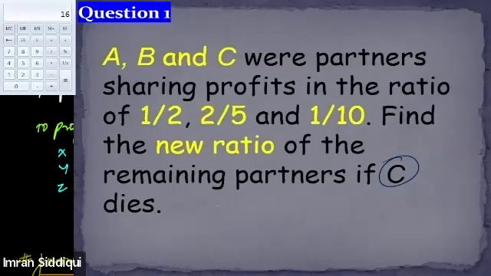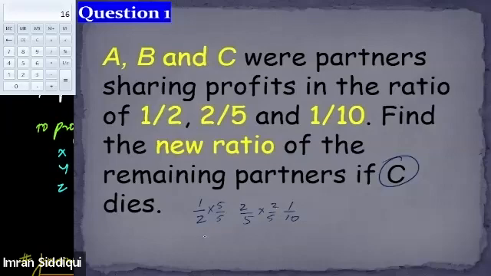See, let me show you. First of all, the old PSR of the partners is given as 1/2, 2/5, and 1/10. We first have to equalize their bases. To do so, we multiply and divide by 5, and again multiply and divide by 2.